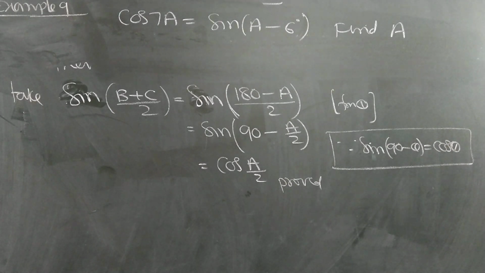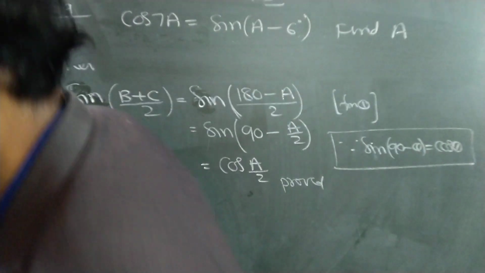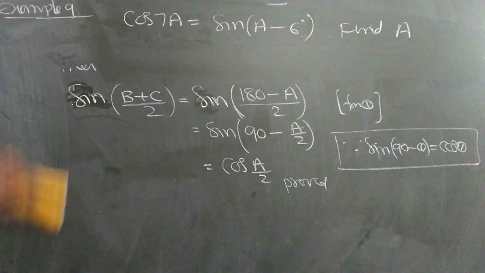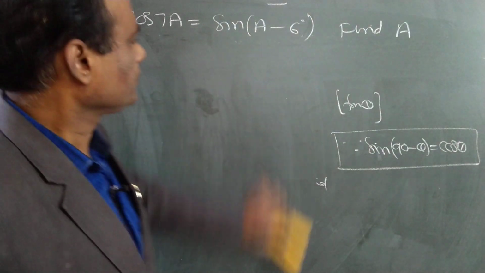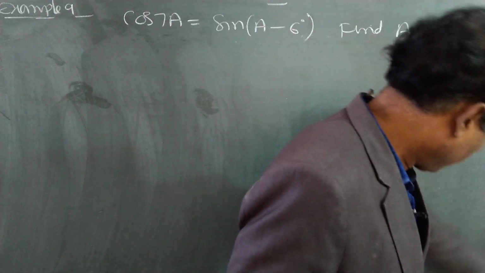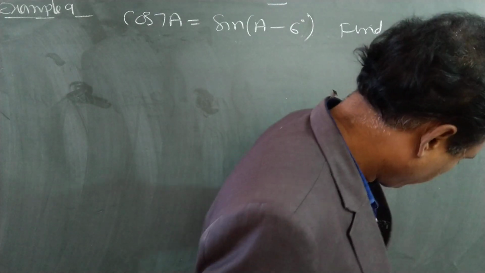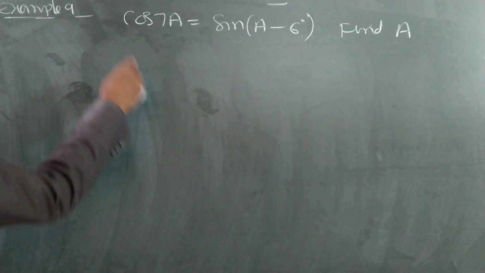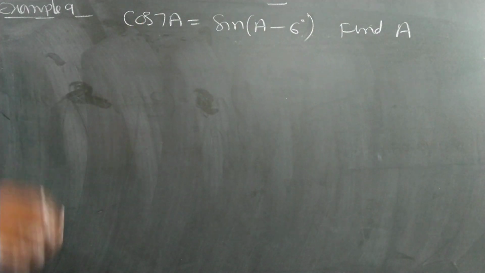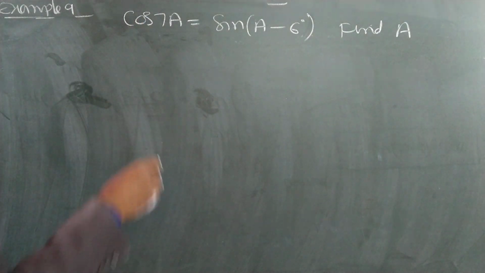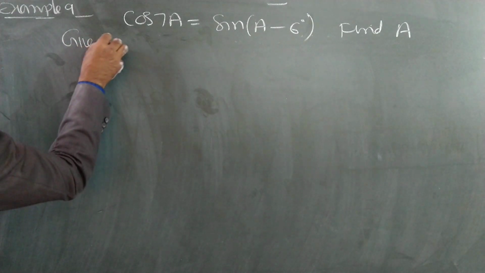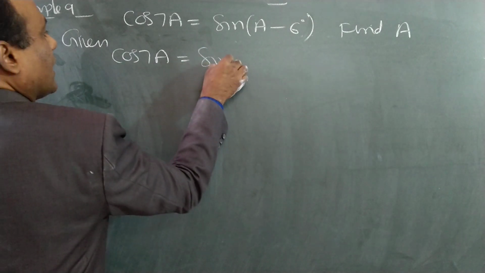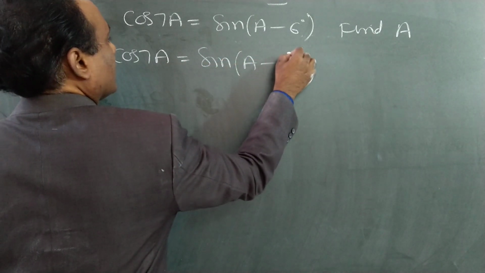You write down the question from the textbook. This is our textbook third problem model. What is given? Cos 7A is equal to sin of (A minus 6 degrees).